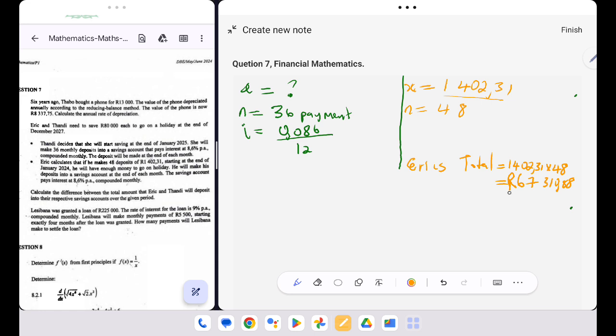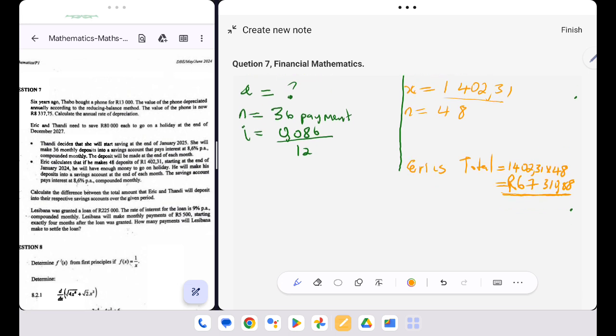Okay, so I know that Eric will pay a grand total of this amount of money. So now I just need to find out how much Tandy will pay in total. But I can only do that if I know Tandy's monthly installment. Are we together? Okay, so future value.